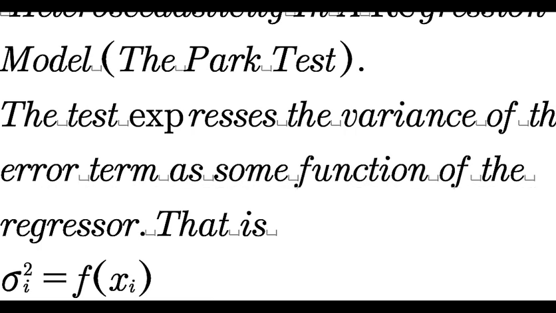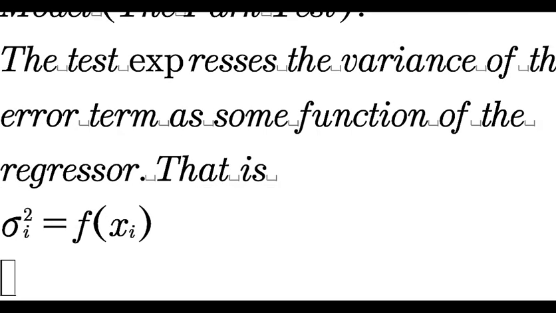That is sigma i squared equals f of xi. This equation that we have established shows that the variability in the variance of the error term is a function of the predictor variable. That is sigma i squared equals what? f of xi.